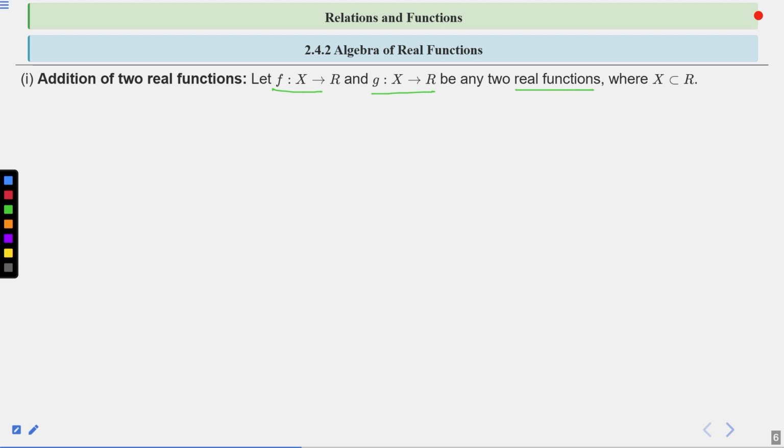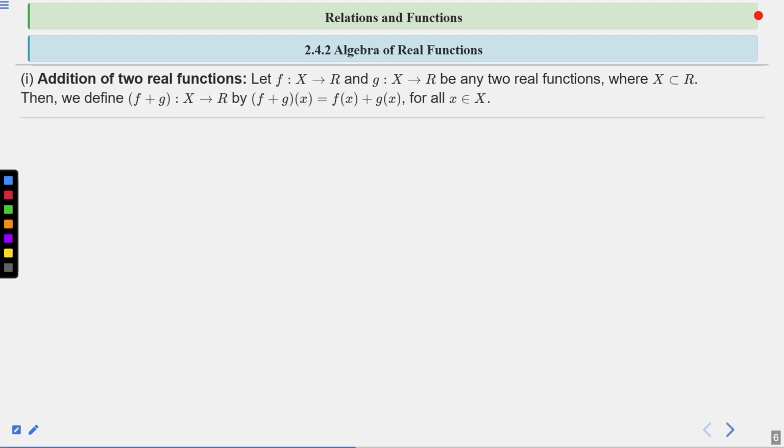Any function having domain and codomain from the set of reals will be a real function. Clear? Then f plus g, this function from X to R, is defined by (f plus g) of x equals f(x) plus g(x). So this will be our addition for two real functions. Clear? That is how we do the addition of two real functions.